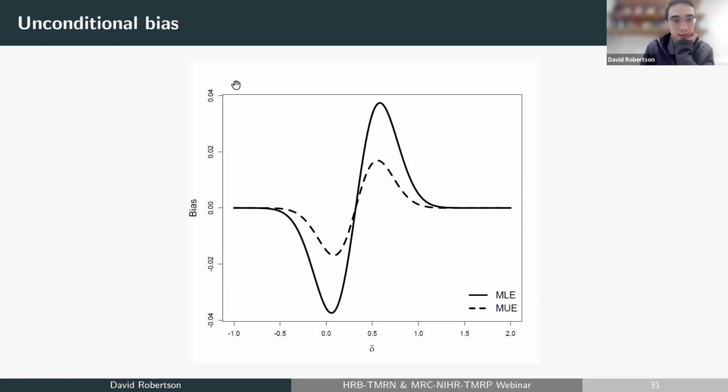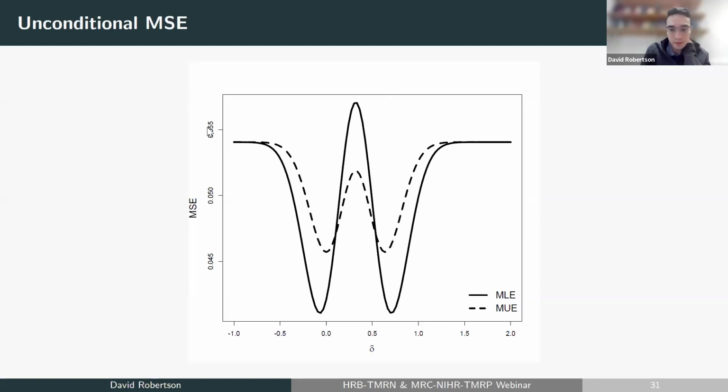How does it compare with the MLE? So this is a plot of the bias. And we can see that the median unbiased estimator isn't mean unbiased, as we'd expect, but it does shrink the mean bias compared to the MLE. We compare the solid line, the MLE, to the dashed line, the median unbiased estimator. How about mean square error? Now the picture is less clear, but for some regions of the parameter space, we see the median unbiased estimator has a smaller mean square error.